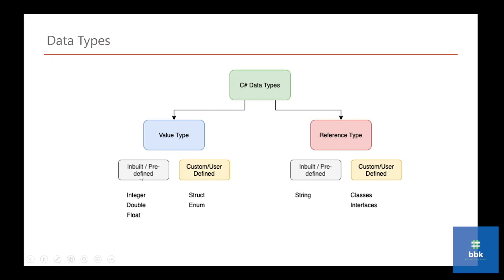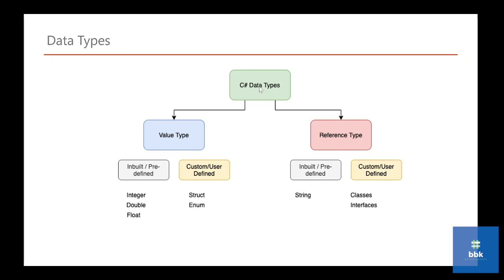One is inbuilt or predefined. By inbuilt and predefined, I mean the data types that the framework provides you already. You don't need to code for it. You can just use it. And you have custom or user defined data types. Same applies for reference types. You have inbuilt reference type variables and you have custom reference type variables.